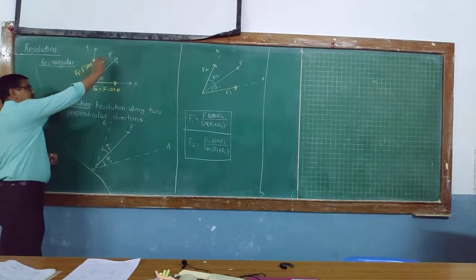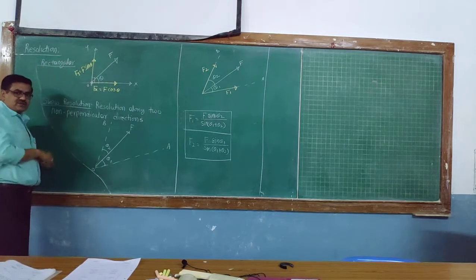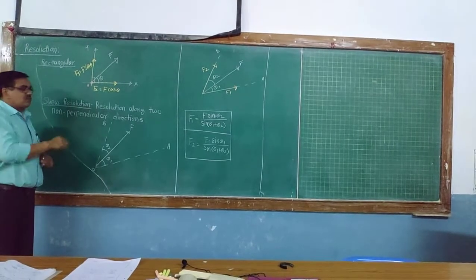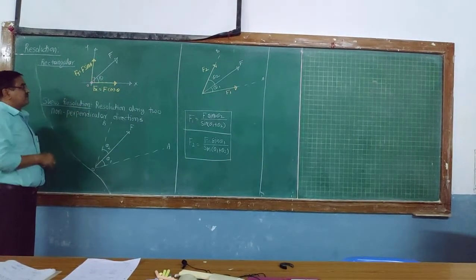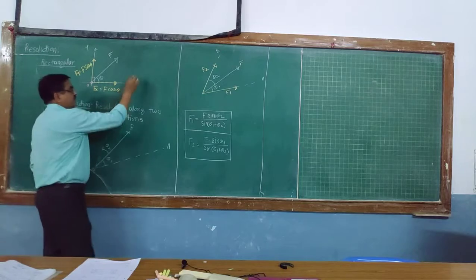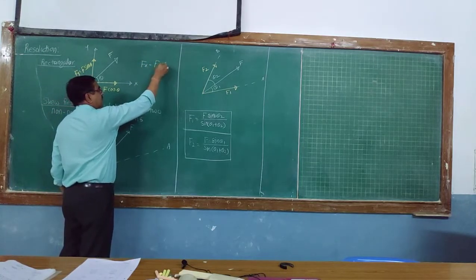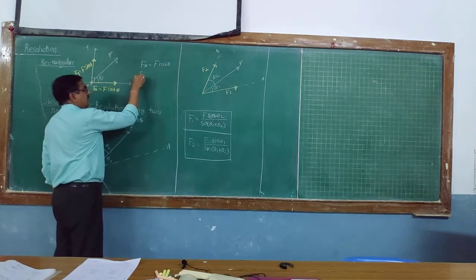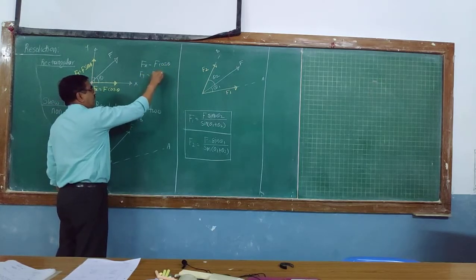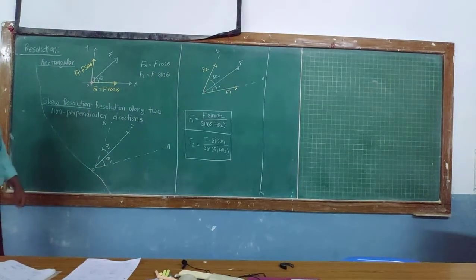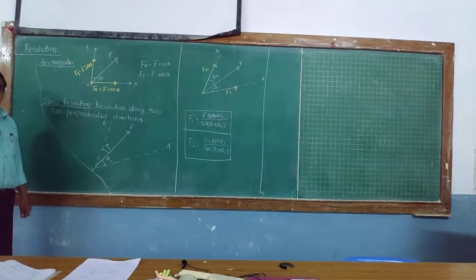So F is the magnitude of force, theta is its direction, and Fx is the x component of the force. So Fx is equal to F cos theta and Fy is equal to F sin theta. So in this way, a force can be resolved along two perpendicular directions x and y.